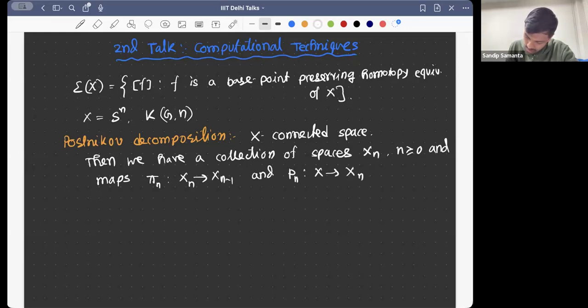Better to change it to n plus 1 to n, so that this is again for n greater or equal to 0, satisfying a bunch of properties.